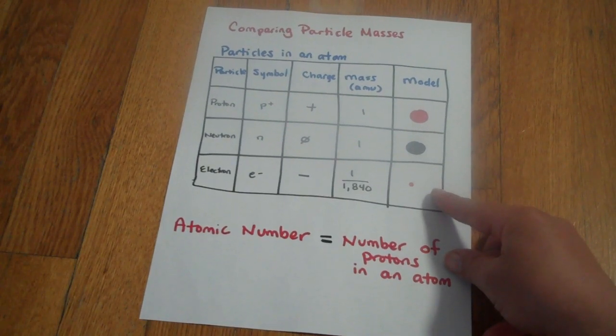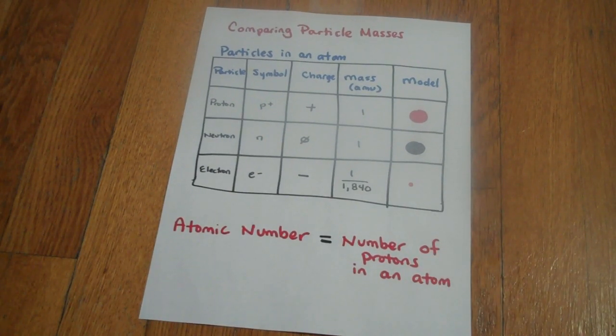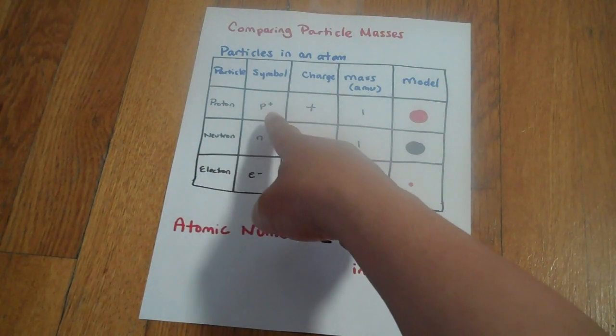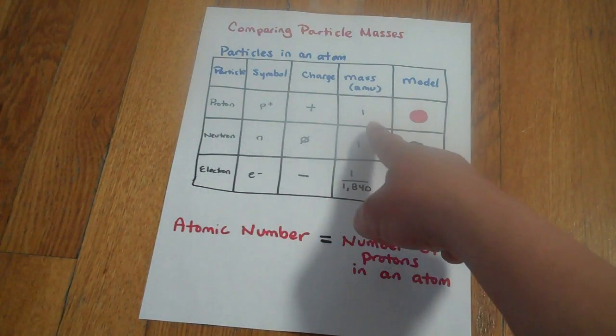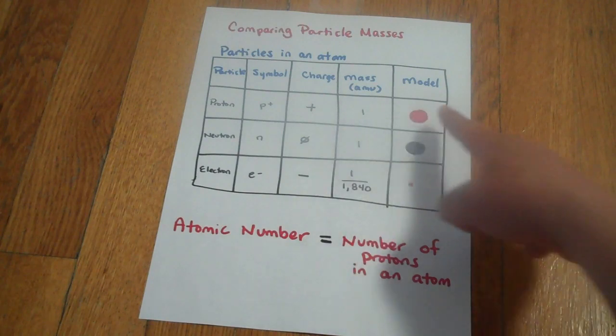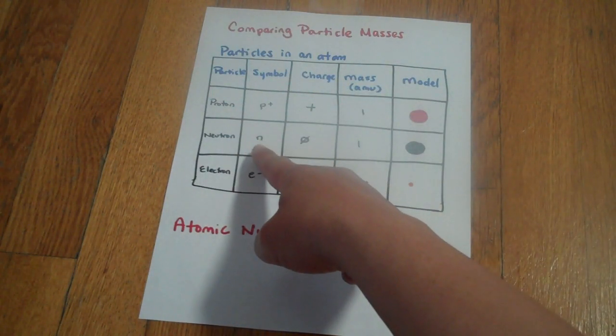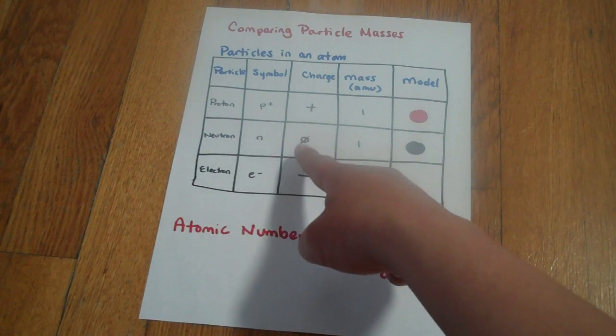When we look at the masses of the particles in the atoms, you have the protons. They are positive, that's the symbol, the charge, and the atomic mass unit is 1, and I left that in red. The neutrons is an N. Notice there's no symbol, no charge.